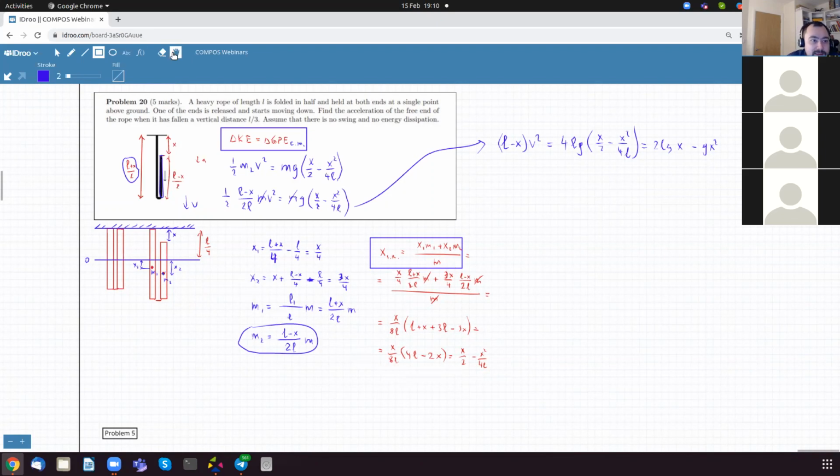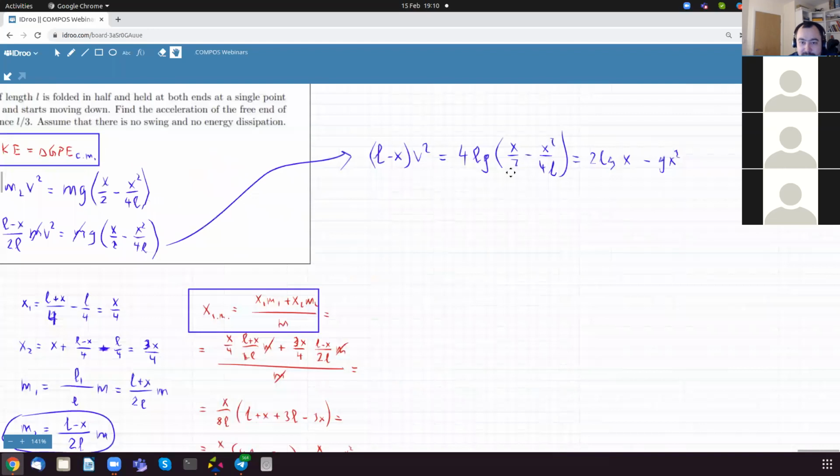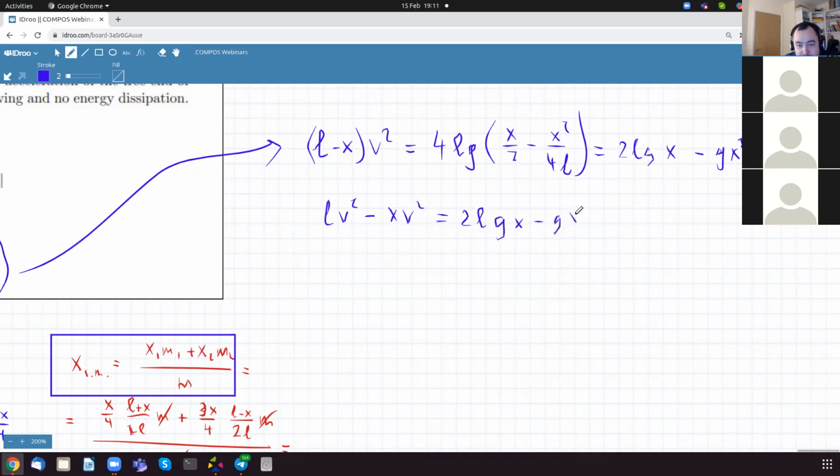But then after this journey, we come by a reasonably easy expression: (l minus x) v squared equals 2 times L times G times X minus GX squared.